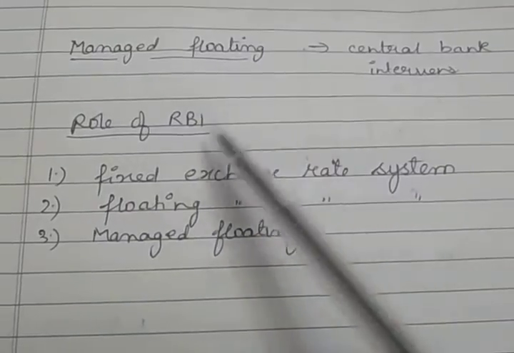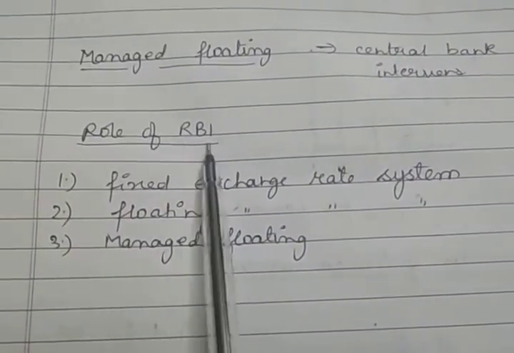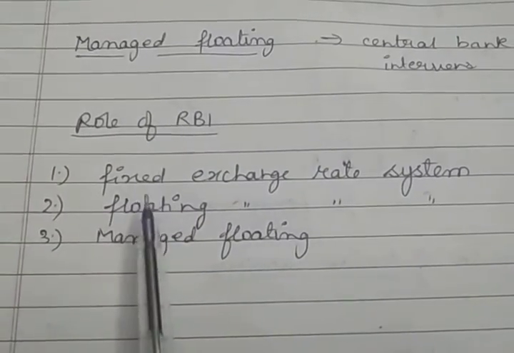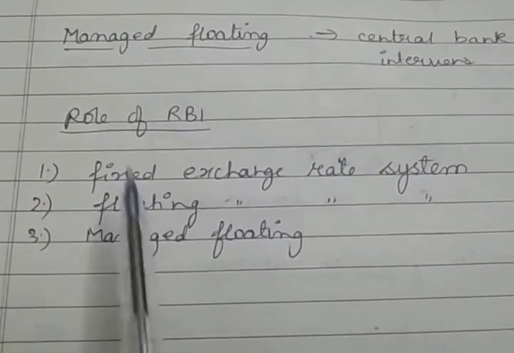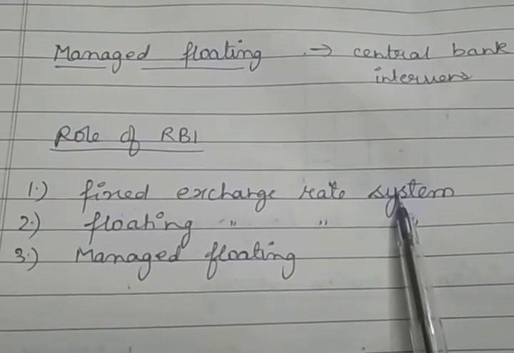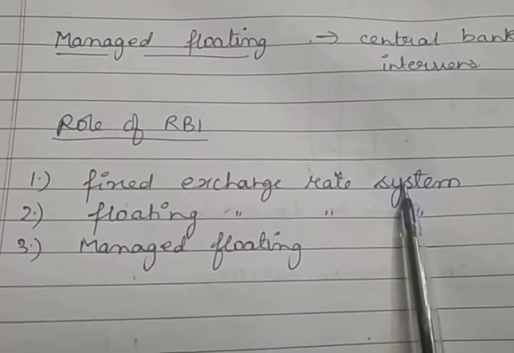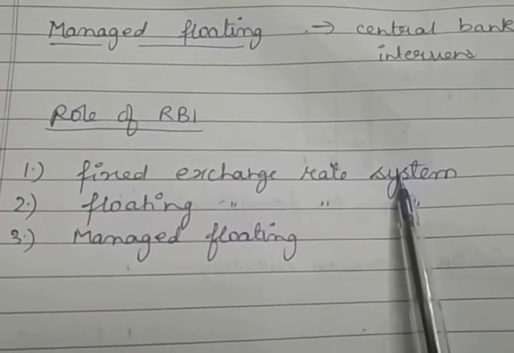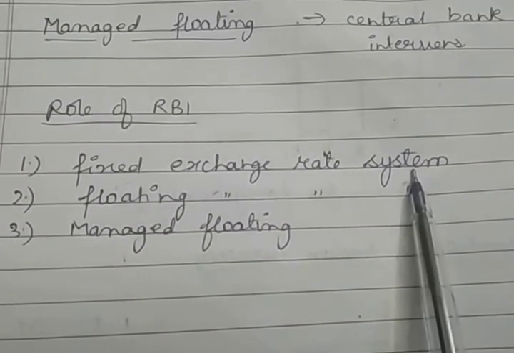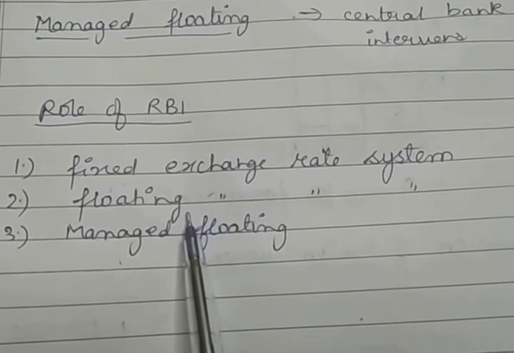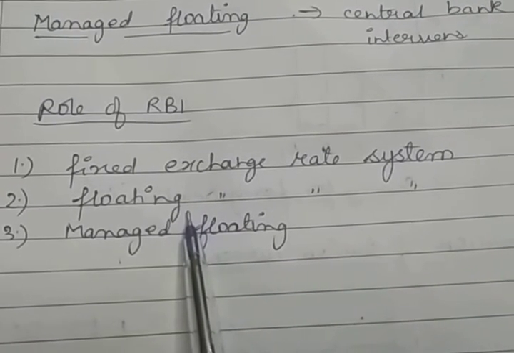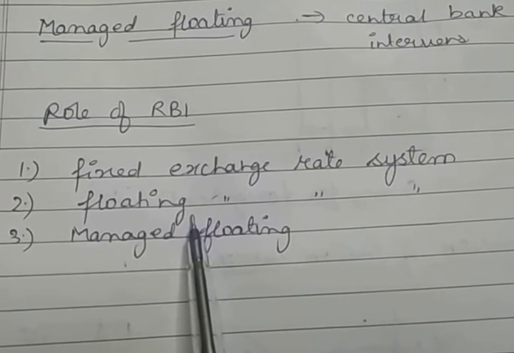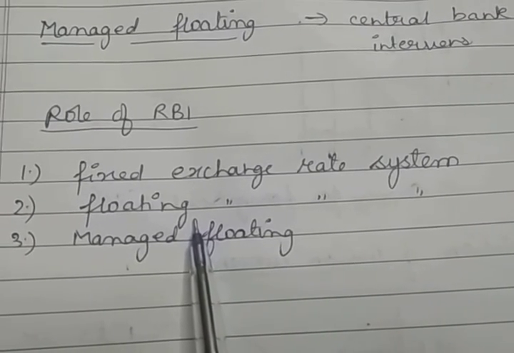The question arises: what is the role of the RBI in all three systems of exchange rate: fixed, flexible and managed floating? First of all, in the fixed exchange rate system, the RBI actively uses its foreign currency reserves to maintain the officially determined exchange rate, whereas in the flexible system, the central bank does not maintain any reserve of foreign currency, as the market is automatically adjusted to determine the market-driven exchange rate.